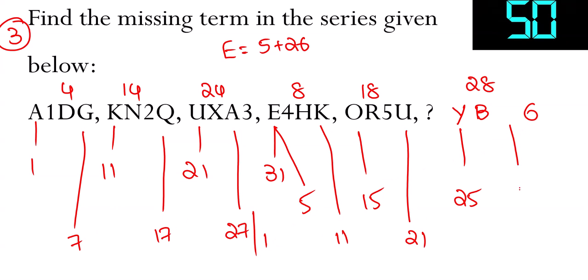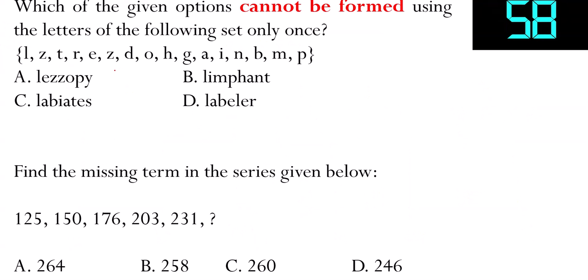Now I want 31, 31 is nothing but E. So your answer should be YBE6. Options are not given here, but you have to get YBE6. Plus 10 logic is happening. Numbers are 1, 2, 3, 4, 5, 6, easy, but letters are plus 10.